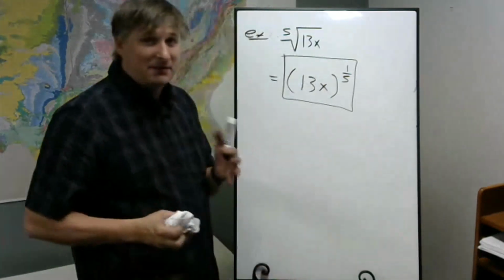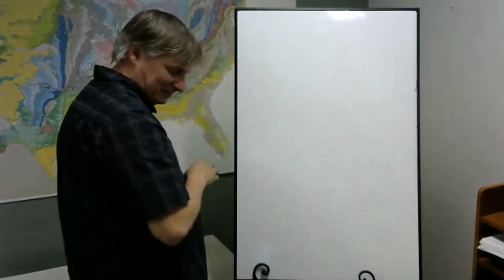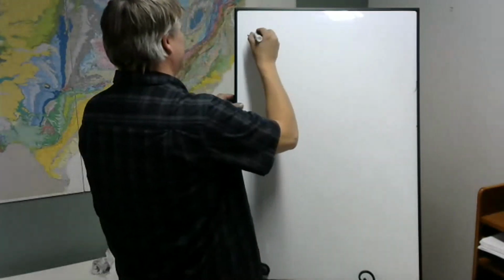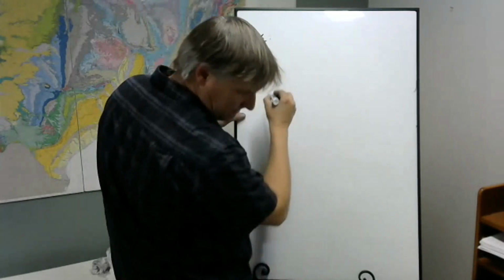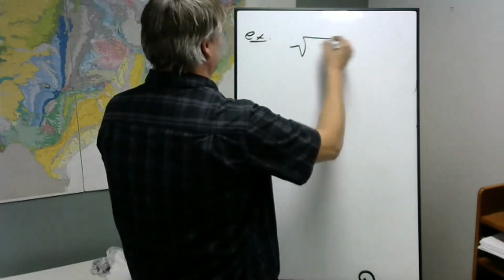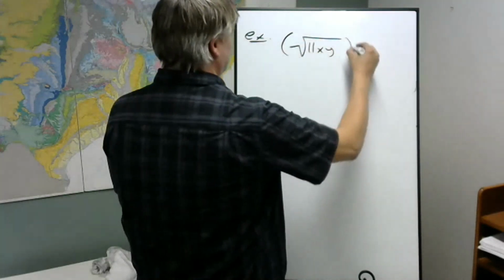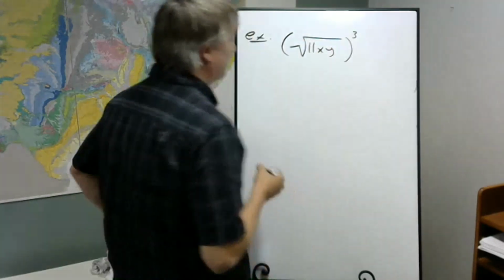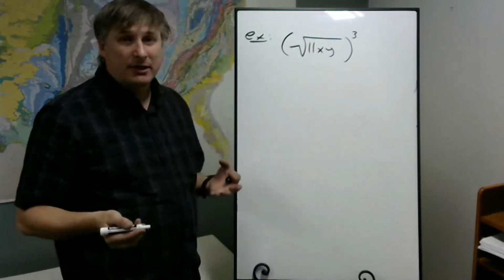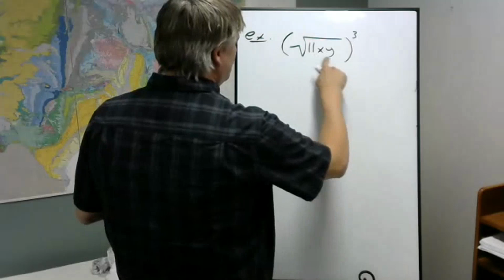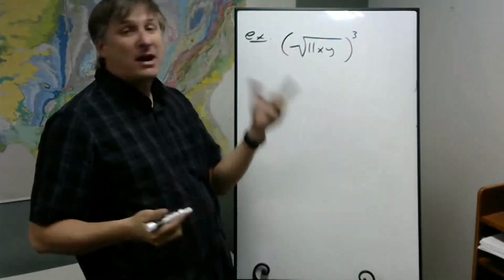Now, let's say we have something like this. Well, again, we want to turn the root into a rational exponent. So this entire thing will have the rational exponent.